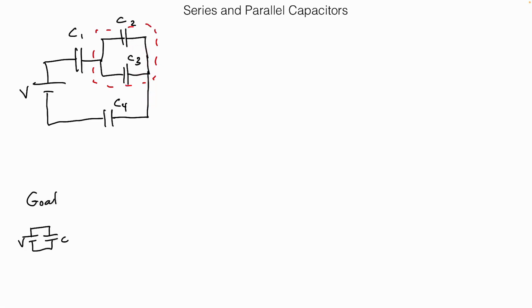So I want to redraw this picture to represent that. I still have my battery and I still have C1, but now I'm just going to draw a new capacitor connected to C4 and back. I've eliminated the parallel part of my diagram, but what is that new capacitor going to be?